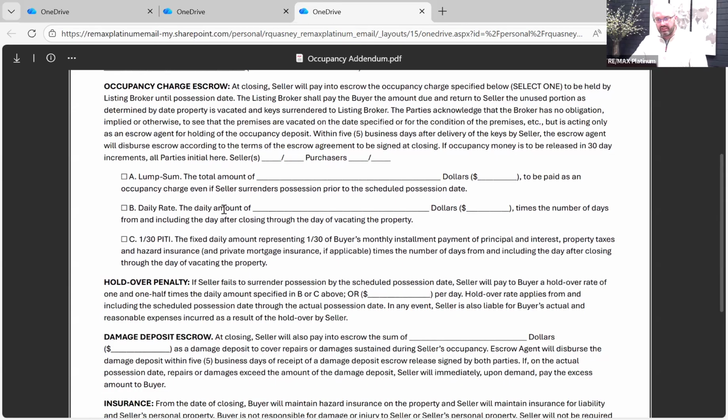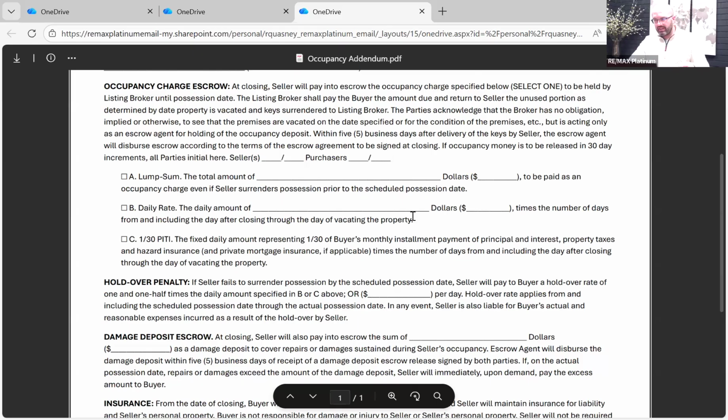Daily rate, the daily amount of blank, times the number of days from and including the day after closing through the day of vacating. So the day of closing they don't have to pay for, but the day after closing through the day of vacating they do.